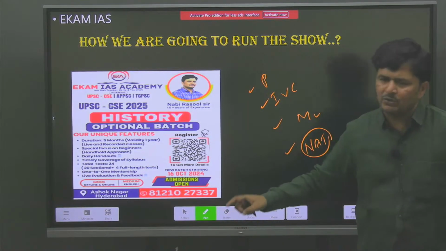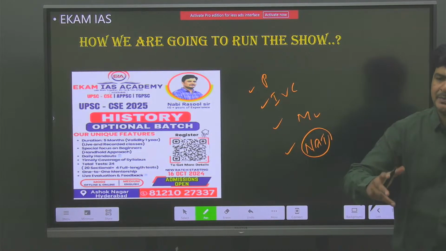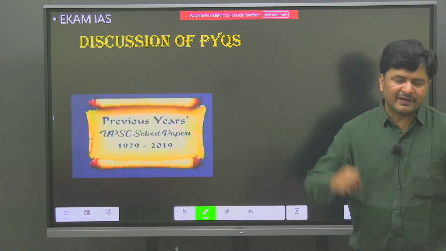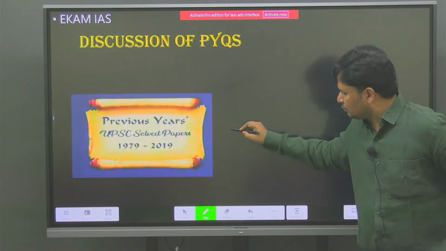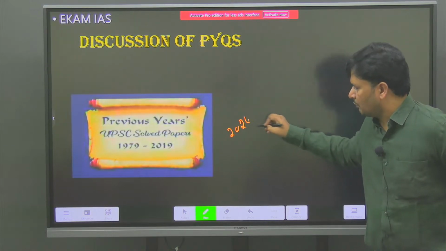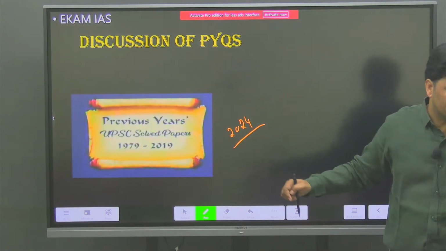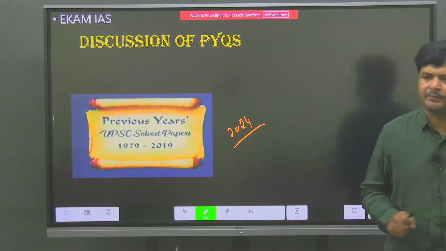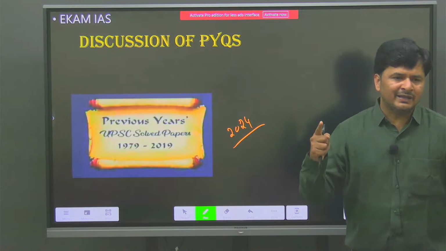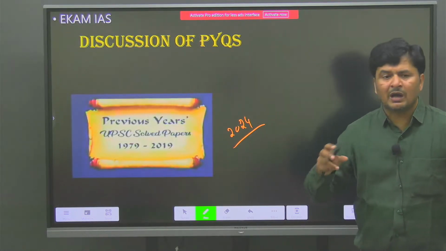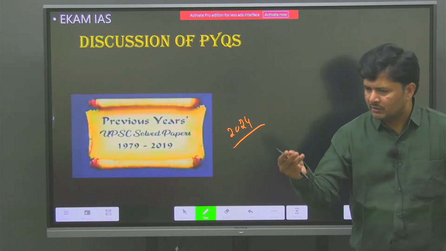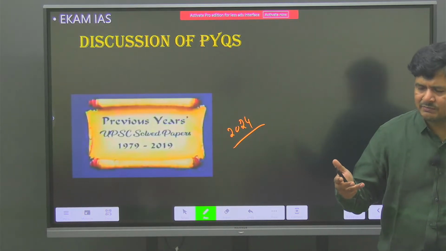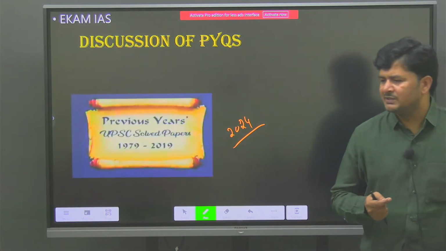Followed by that, you'll have previous questions right from the 1980s to 2024. Right from the 1980s to 2024, how the questions are being framed, and you were already given one paper as an example. For about 25 questions, a chapter called Pre-Mauryan Age.